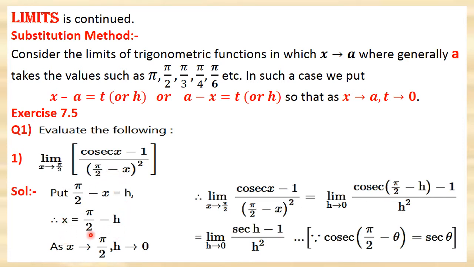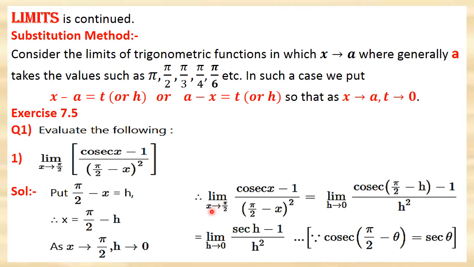So when x tends to pi upon 2, then h tends to what? Pi upon 2 minus pi upon 2, 0. Means x tends to pi upon 2 means h tends to 0. Now we will apply this substitution.